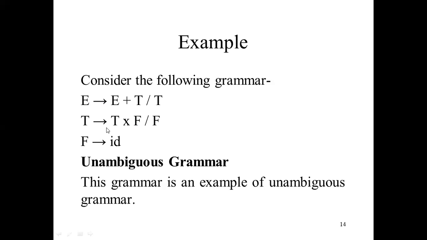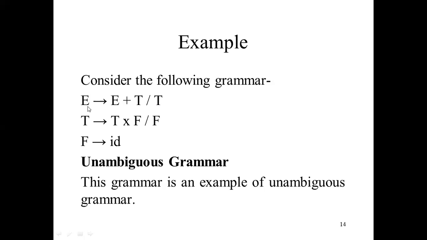Again T, we can write T in place of T into F. Okay, F is another expression, and we can write here T into F. We can replace this T as T into F or only by F. So here we again have the option, slash means we have the option, E plus T or T. T into F, this is the multiplication sign operator, T into F or F. So we can replace E by E plus T or only by T. Okay, concentrate over this.